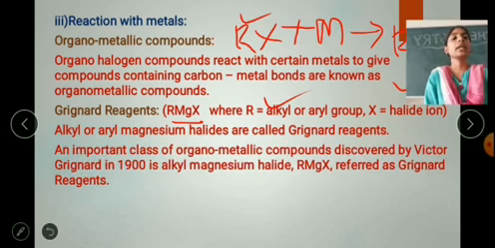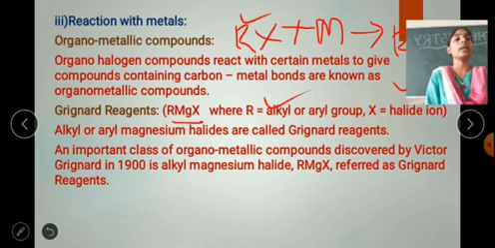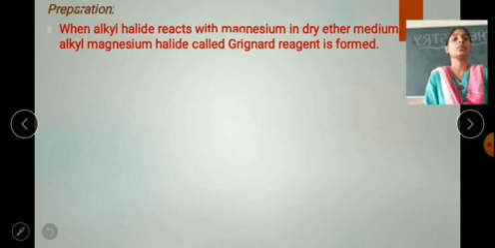An important class of organometallic compounds discovered by Victor Grignard in 1900 is alkyl magnesium halide, RMgX, which is referred to as Grignard reagent.